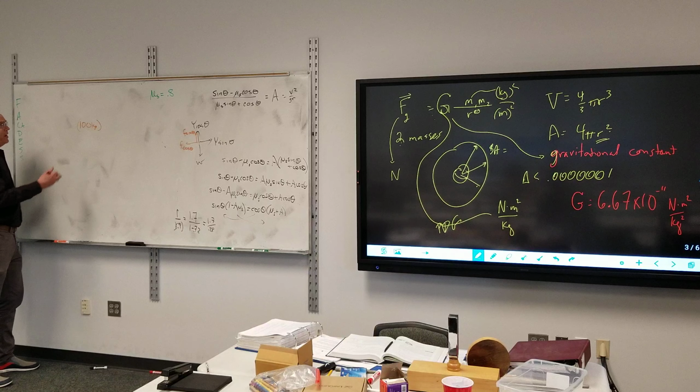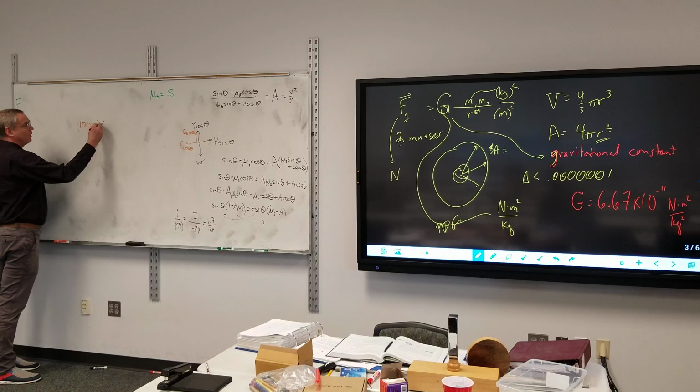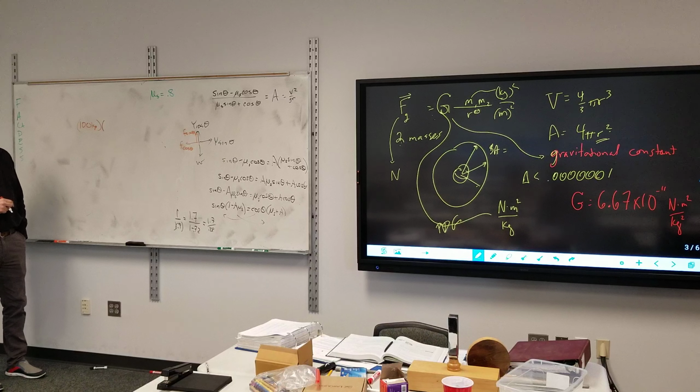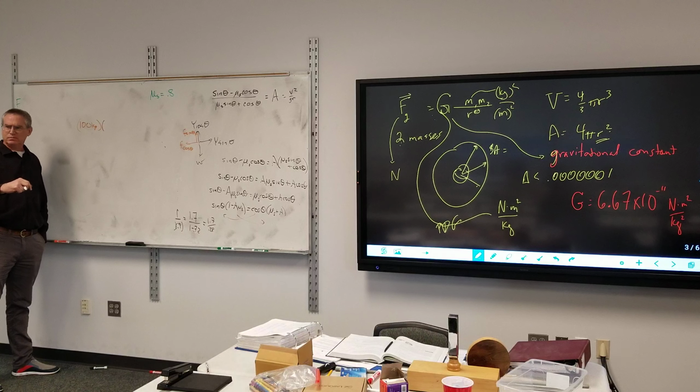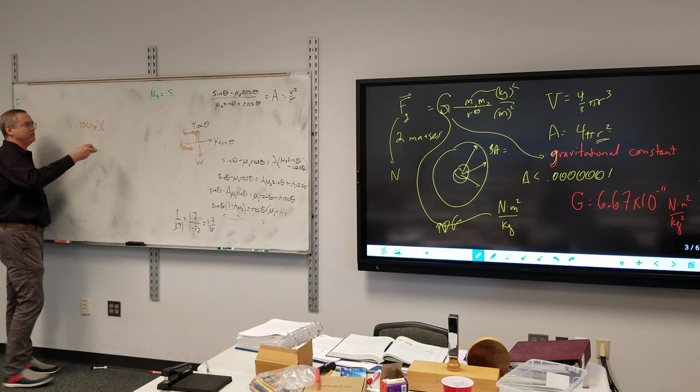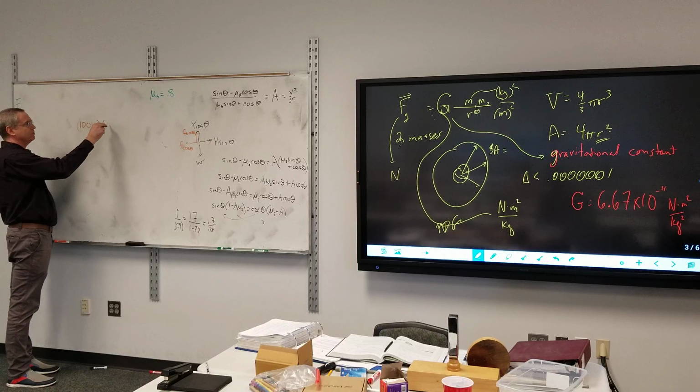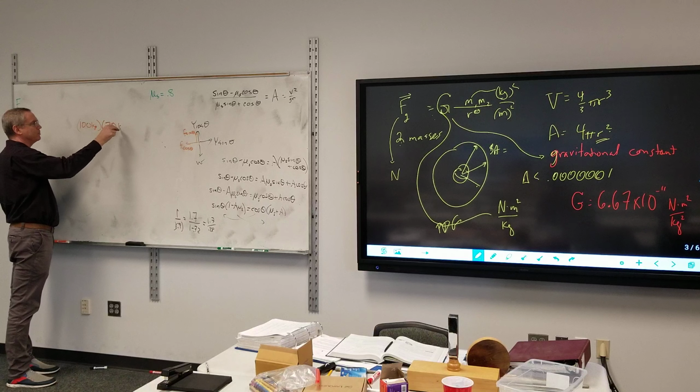All right, so my mass is about 100 kilograms. Let's see, what do we got in here? I'm gonna guess one of you is probably half my weight. Let's assume that one of you is an average adult, 70 kilograms.